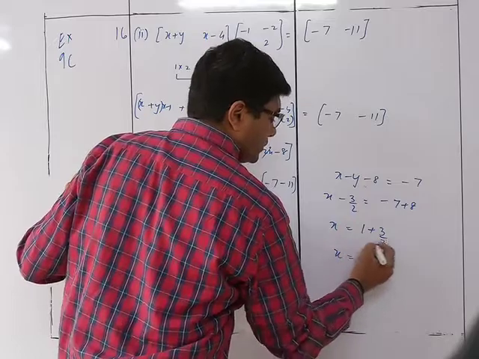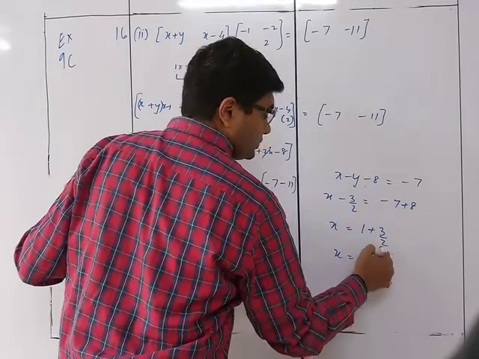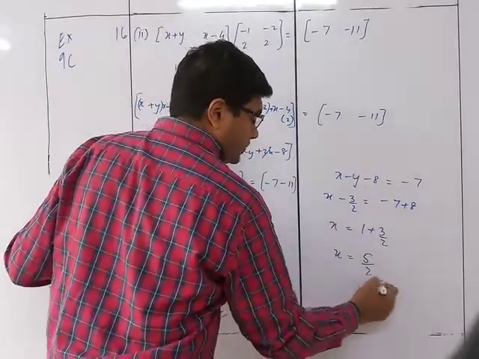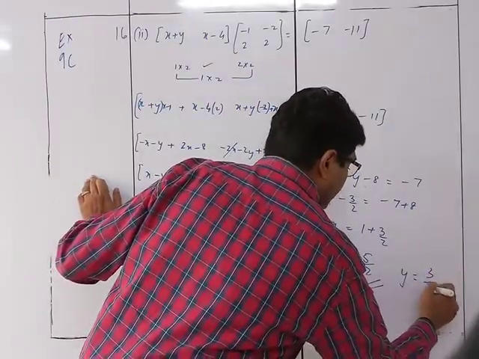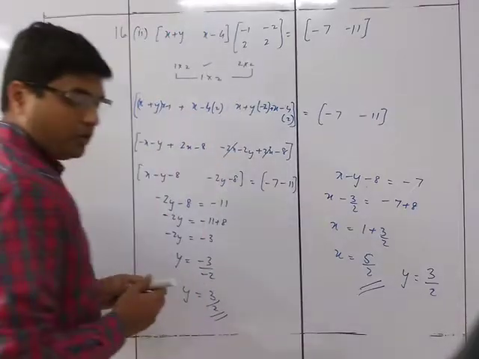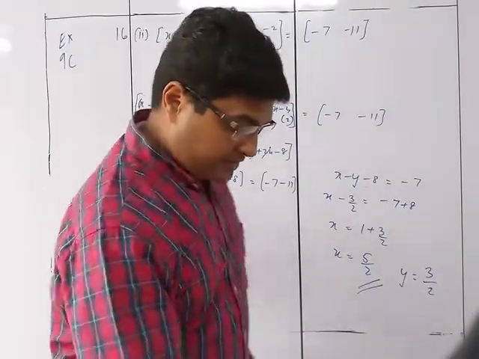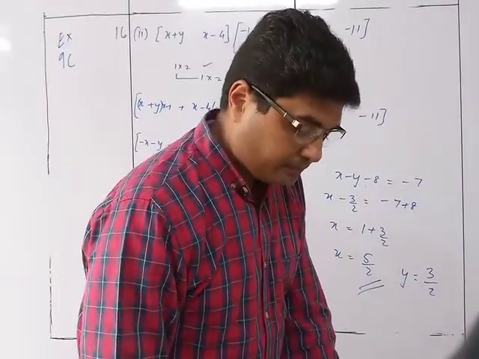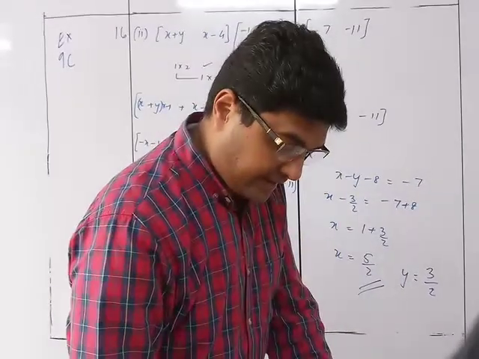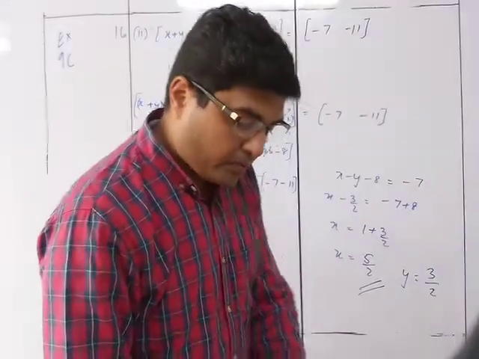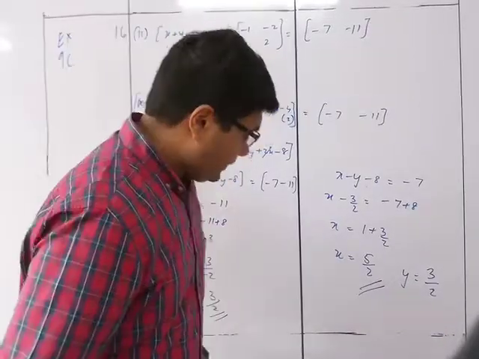So x will be equal to 5 upon 2. So x is 5 upon 2 and y is equal to 3 upon 2. This is the answer for 16th second one. So exercise 9C, 16th second one is 5 upon 2 and 3 upon 2.